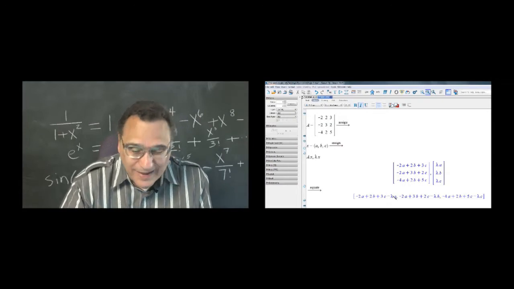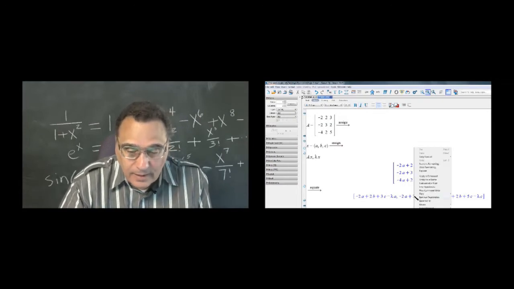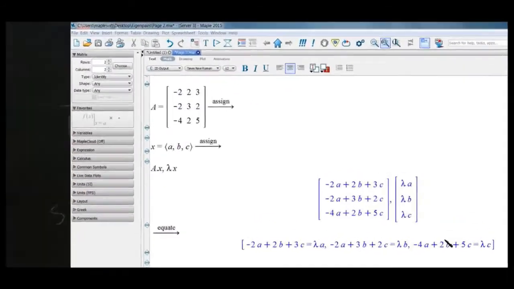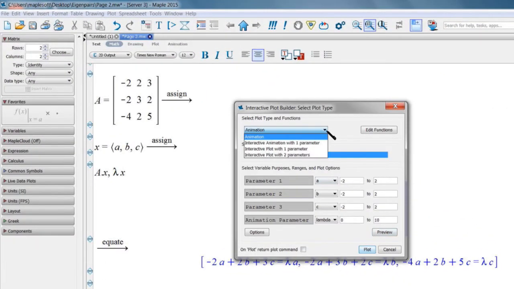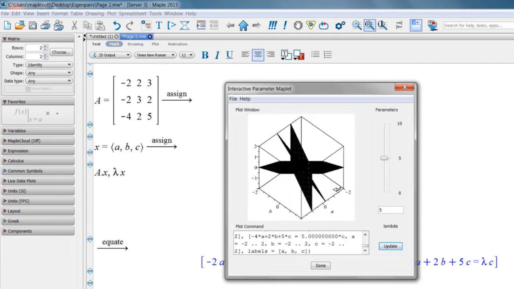I wonder if we can draw a picture of that. So let's go to plots and pick the plot builder and ask Maple to build us an interactive plot with 1 parameter. The parameter is lambda. Let's see. Well, there, you can see you have 3 planes. As you move lambda, the planes are moving around.